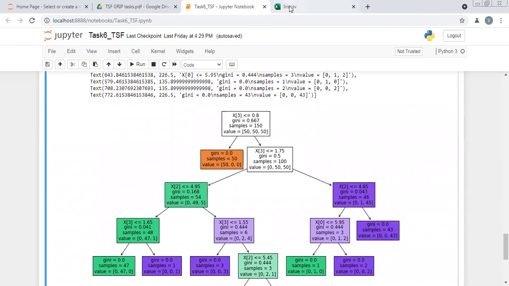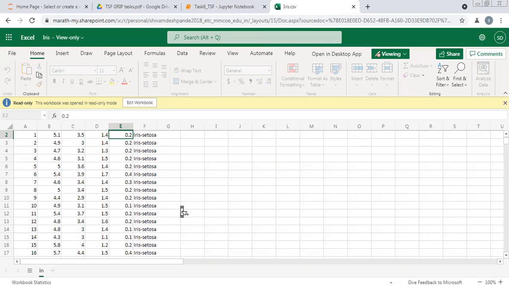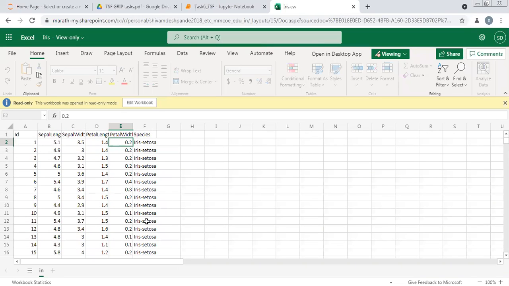Now the condition is applied here: if petal width is less than or equal to 0.8, then depending on whether this condition is true or false, we get different nodes here. As I said, the range for species Setosa is 0.1 to 0.6.